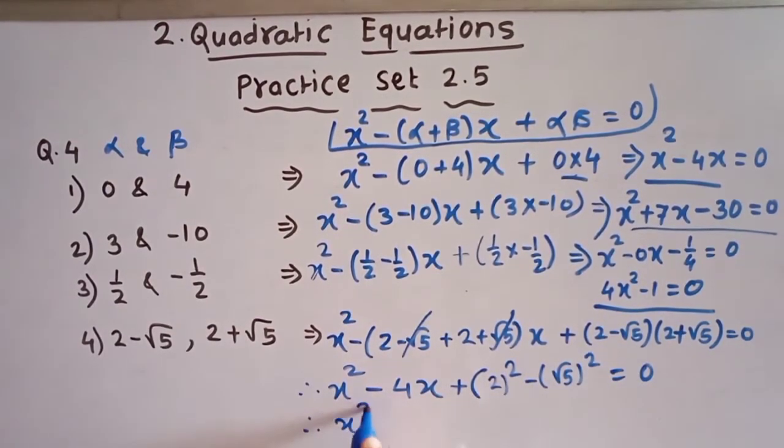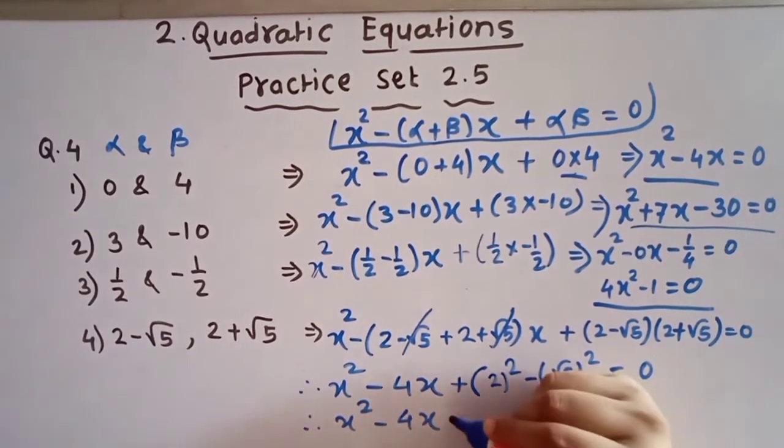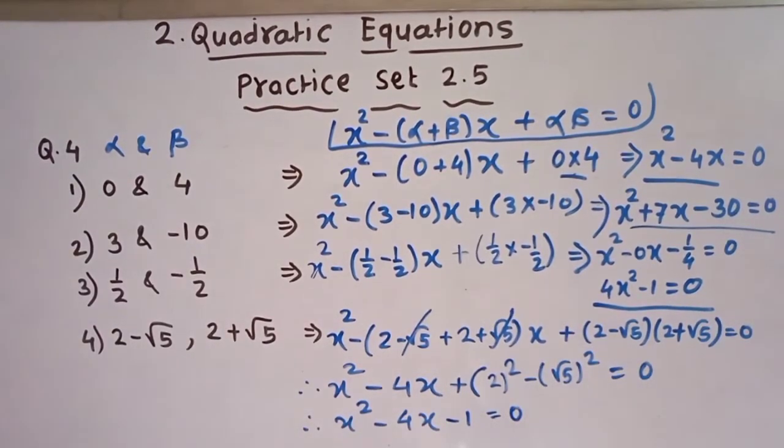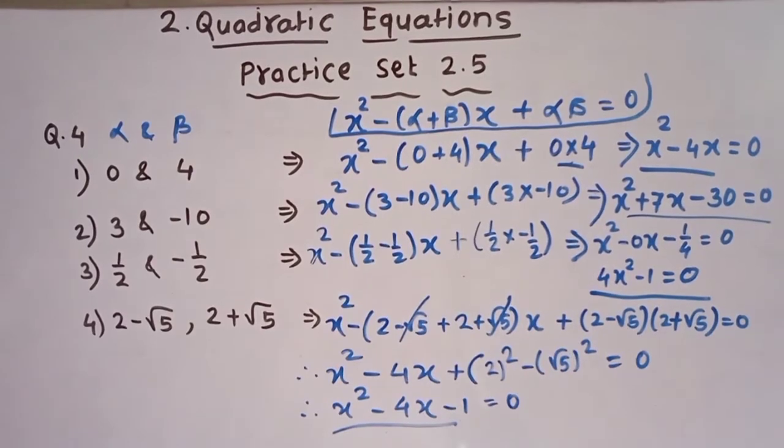So you will get the final equation x square minus 4x, 2 square 4 minus 5 is minus 1, is equal to 0. x square minus 4x minus 1 is equal to 0.